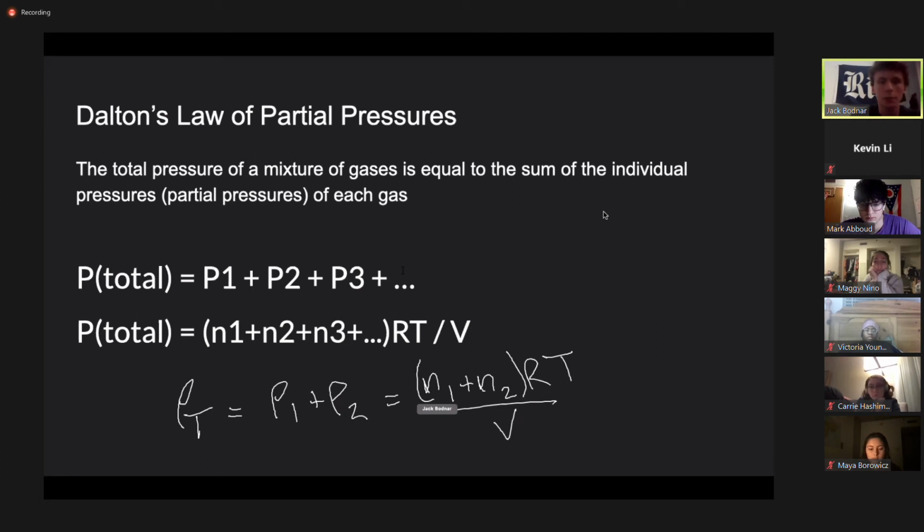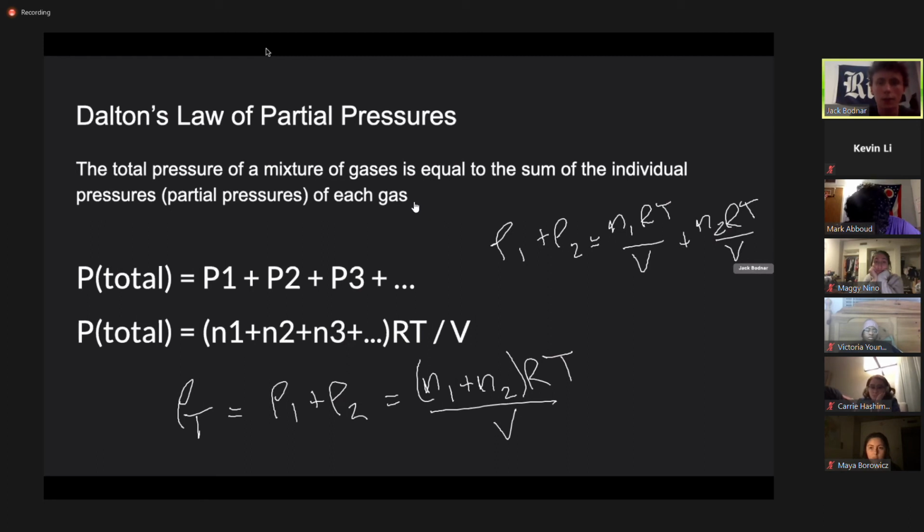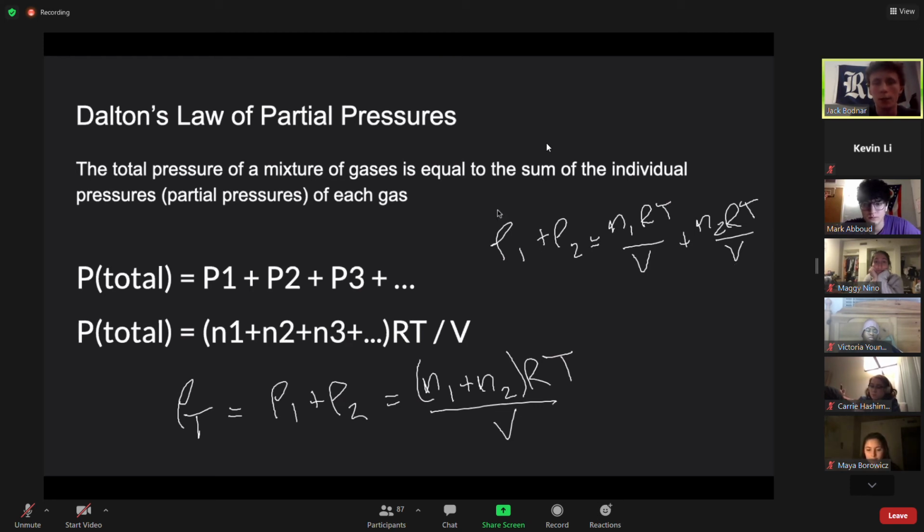So then we can basically break this up and say that P1 plus P2 is equal to N1 RT over V plus N2 RT over V. And then since volume, temperature, and the ideal gas constant would be equal between both of these, we're essentially going to ignore them for right now.